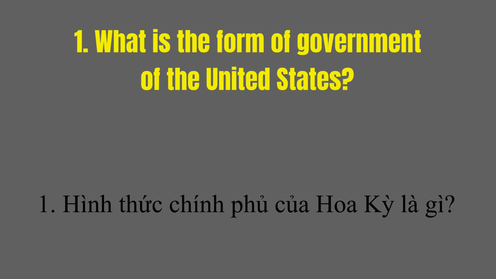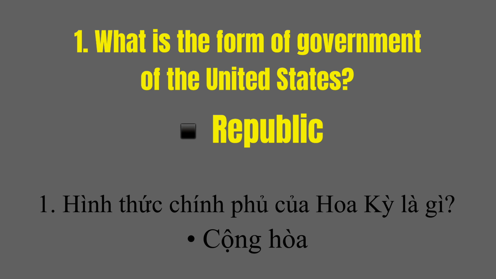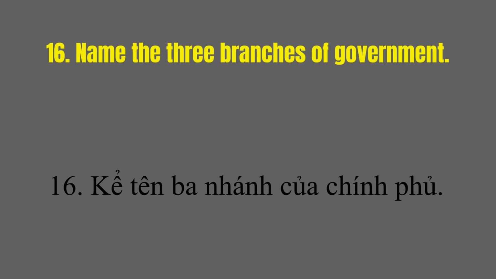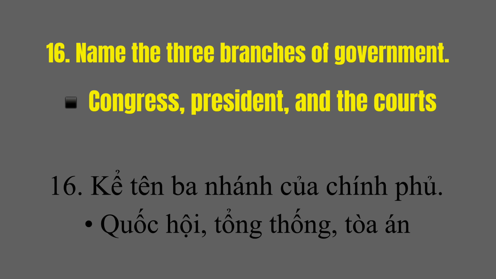What is the form of government of the United States? Republic. Name the 3 branches of government. Congress, President, and the courts.